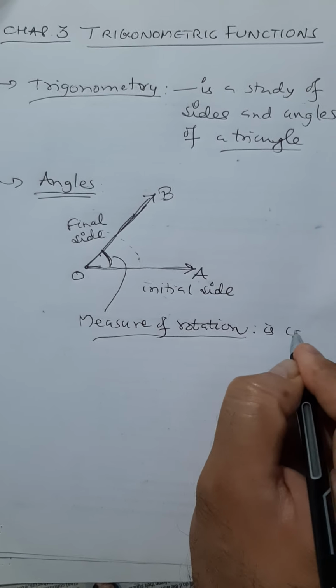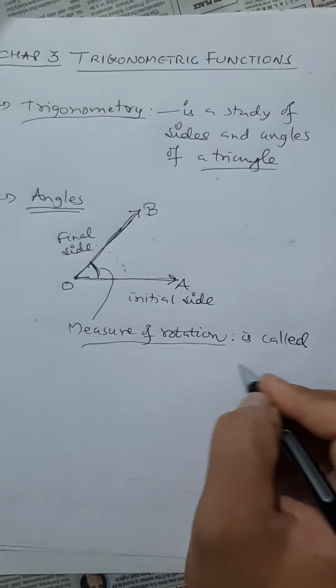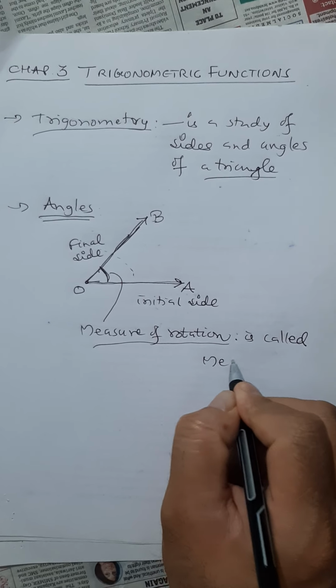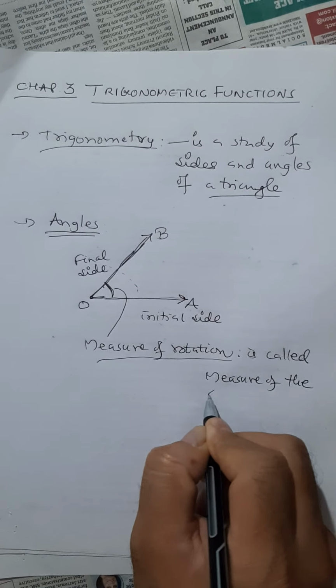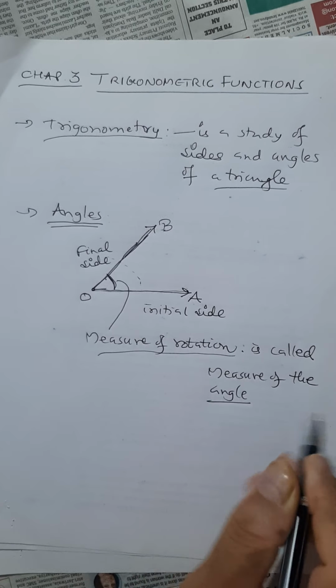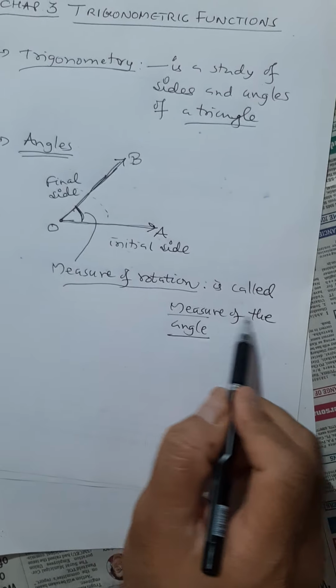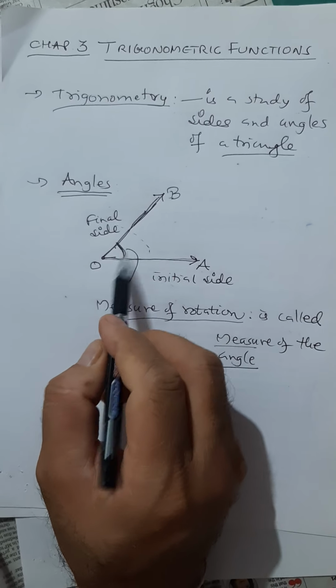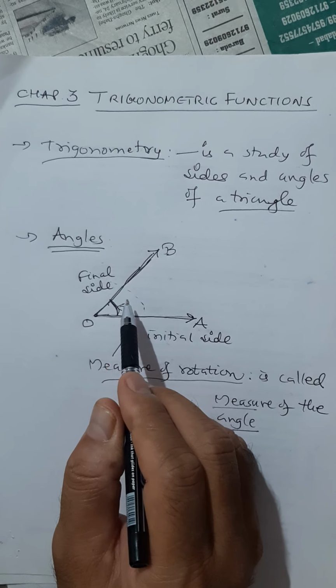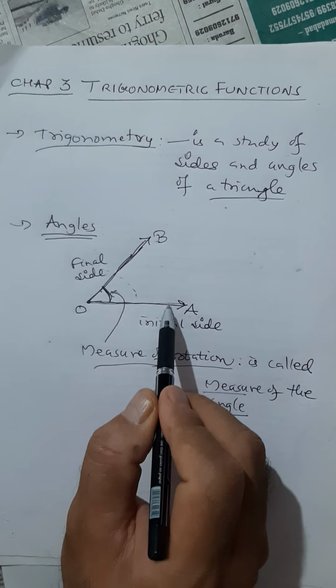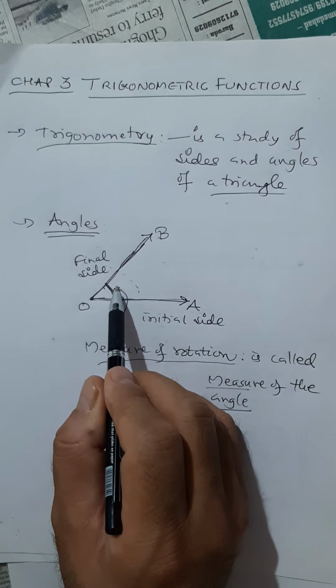This is a measure of rotation and is called the measure of the angle. So the measure of the angle is as good as the measure of the rotation of a ray from this position to this position. Here it is an anti-clockwise direction, remember.